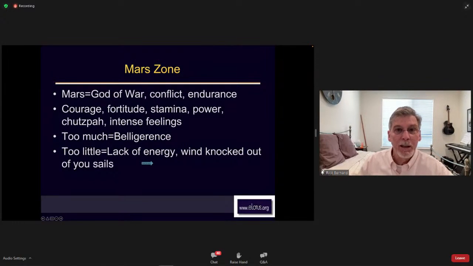Mars is the god of war, conflict, endurance, courage, fortitude, stamina, power. Those are all good words for the Mars zone. Chutzpah is a good word.